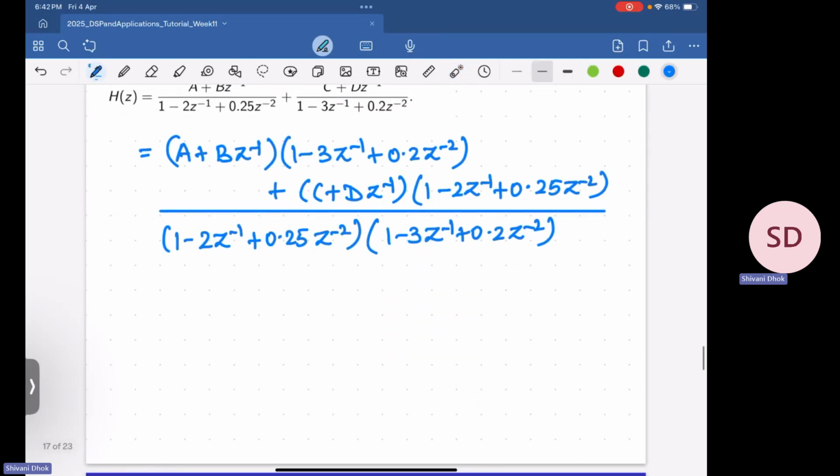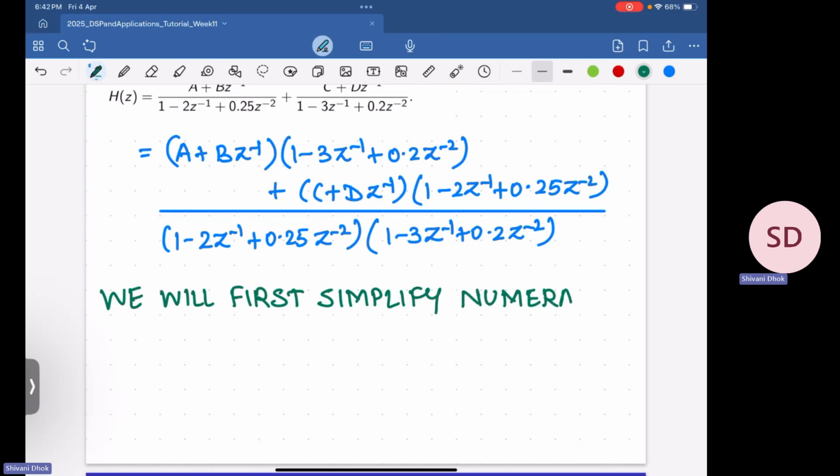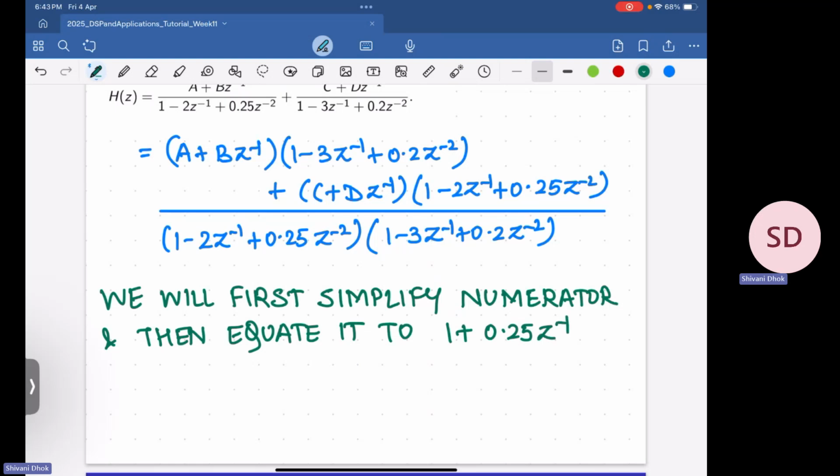So before equating, we'll first simplify the numerator and then equate it to 1 plus 0.25 z inverse.